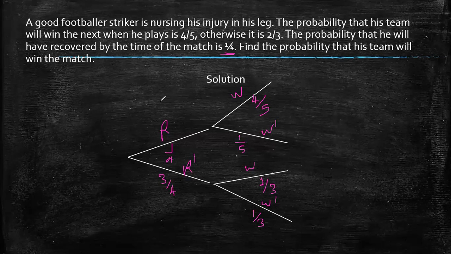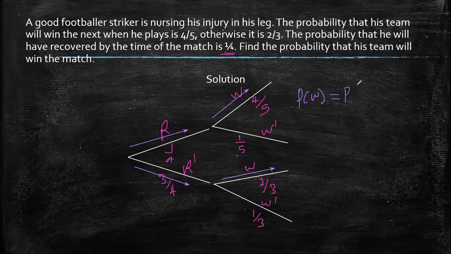Okay, his team will win if we do this movement: he has recovered and he plays and the team wins, or he has not recovered and he doesn't play but the team still wins. So the probability of the team winning is the probability of R intersection W, or the probability of R prime intersection W. Then here we add.